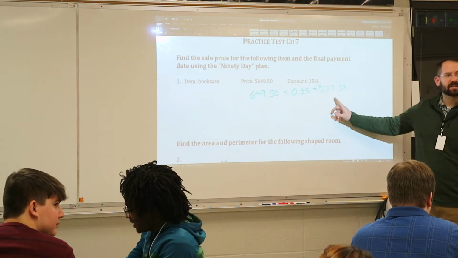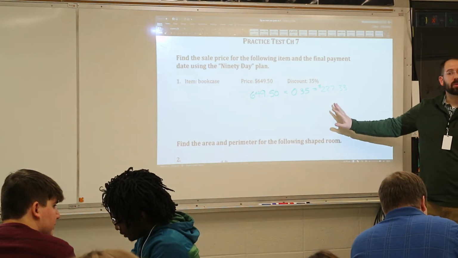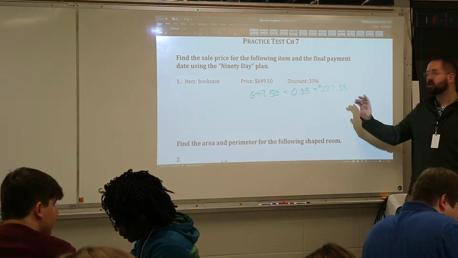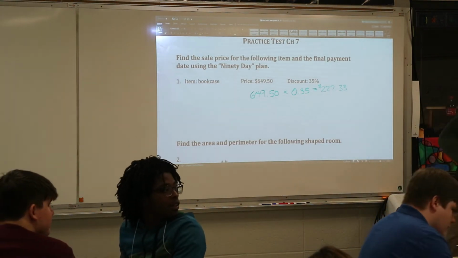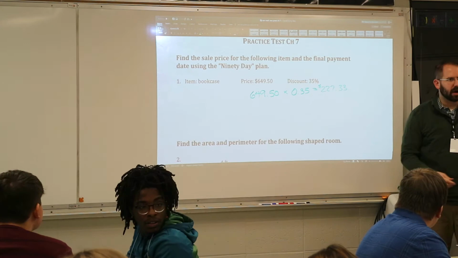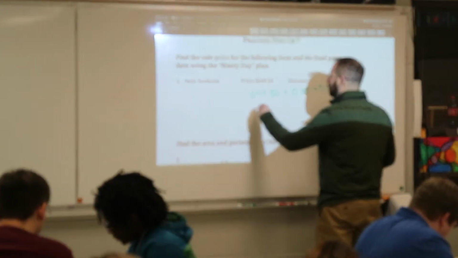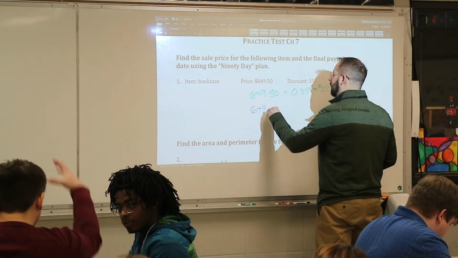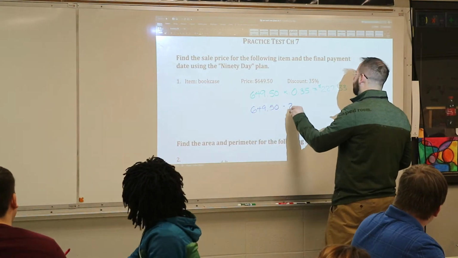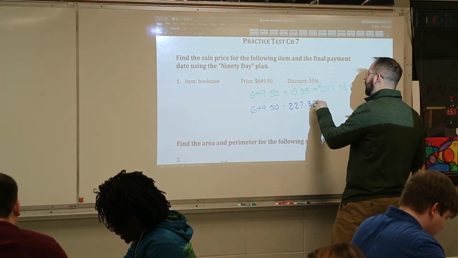Okay, so this is my sale. That's not my final price. That's what the sale is coming off. I'm getting $227 off of this item. So what do I have to do to find my final price? Subtract. We're going to take the $649.50 and take the $227.33 off.